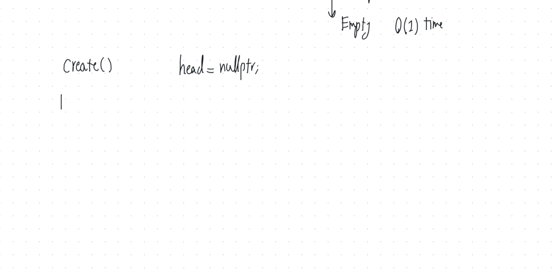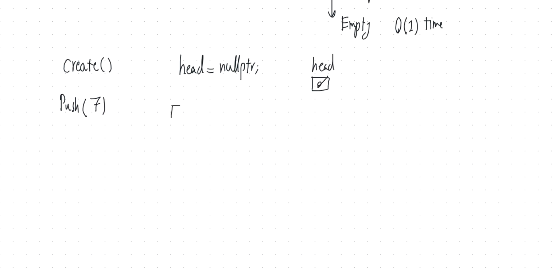So we need to know how push will be implemented in this scenario when we have a linked list as our underlying data structure. Let's say I pushed 7 into this linked list that I just created. So I have this head pointer, and at the moment, it's just null, right? So what should happen after this call to push?